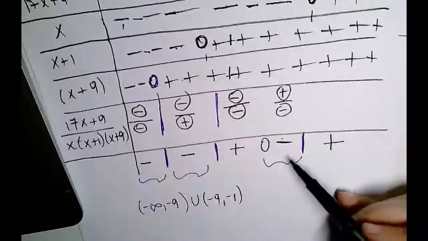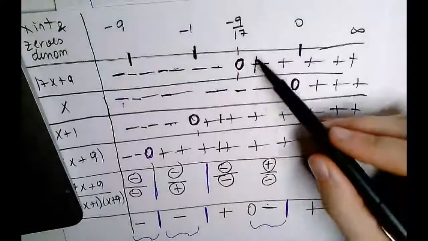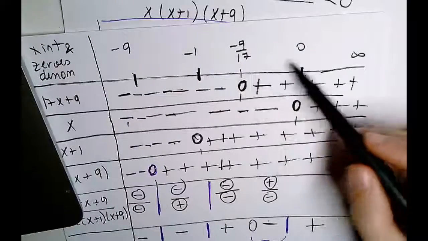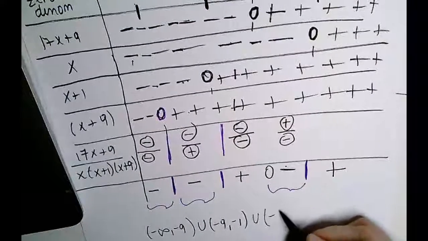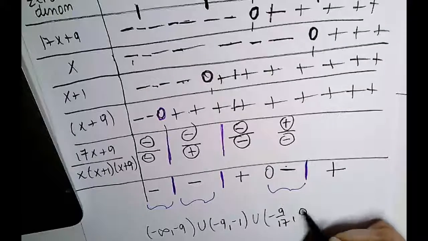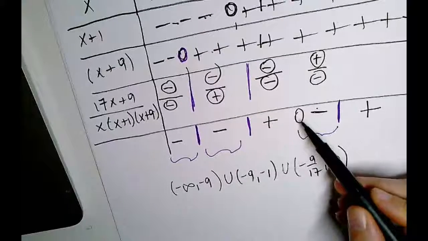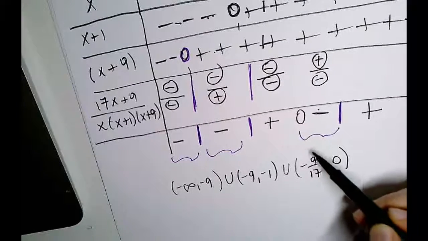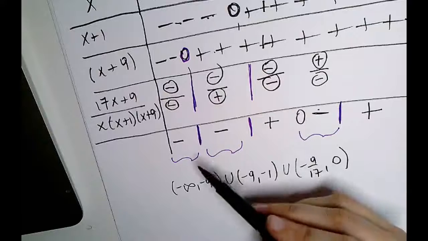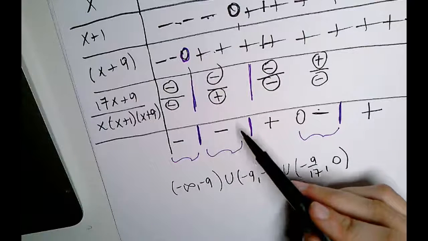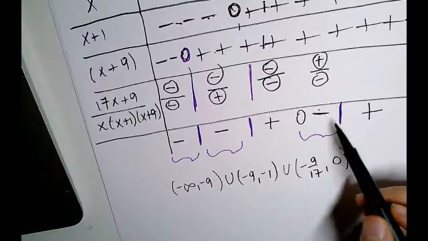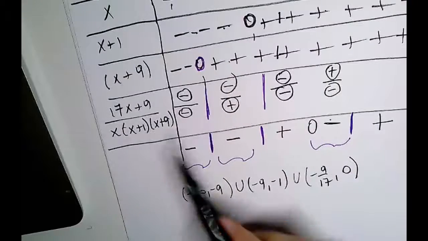And then the third interval is negative 9/17 to 0. And the reason they all have parentheses is because this was strictly less than 0, so I couldn't include this 0. So I couldn't include negative 9/17, and also I couldn't include negative 9, negative 1, or 0, because that will make the denominator 0 and we can't divide by 0.